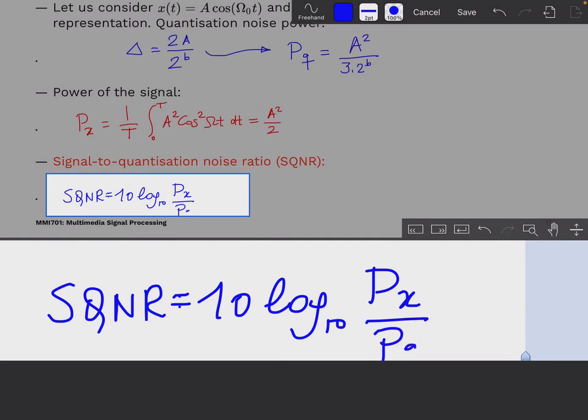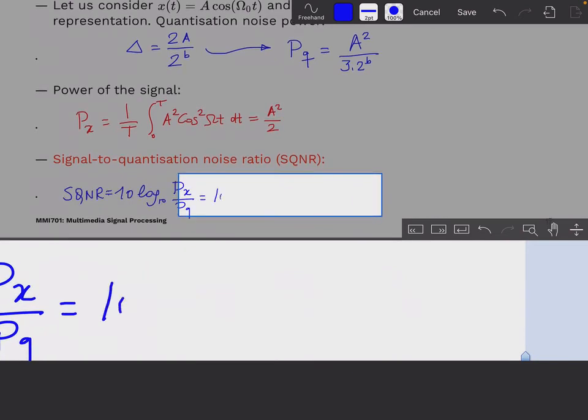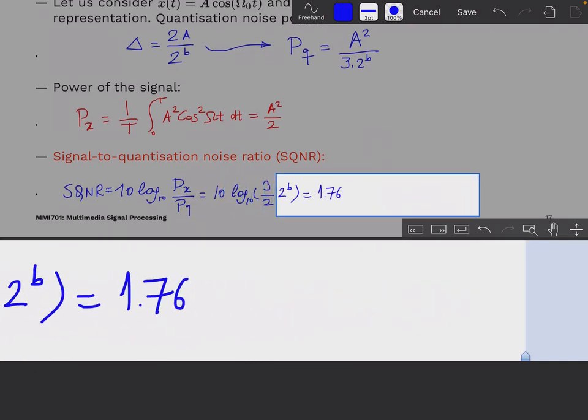So that is the signal power to quantization error power. That is equal to 10 log 10 of 3 over 2 times 2 to the power 2b, which is equal to 1.76 plus 6.02 b dB.